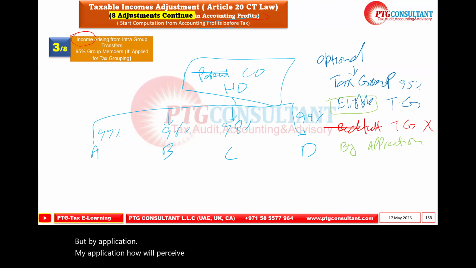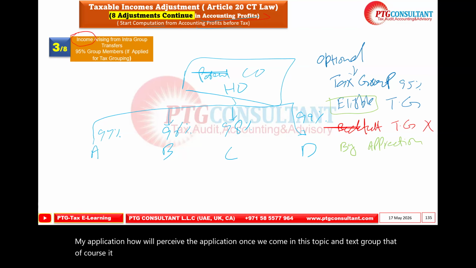Once we come to the topic of tax group, it will take a 4 to 5 hour topic. We will see from the FTA portal how to apply for TG.